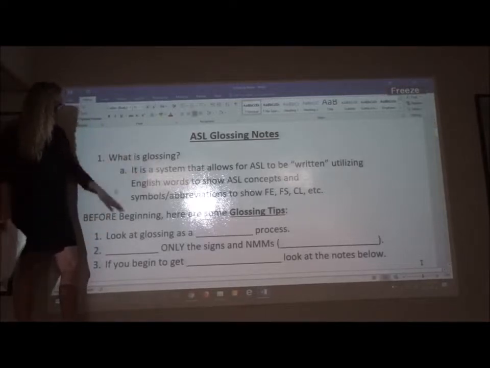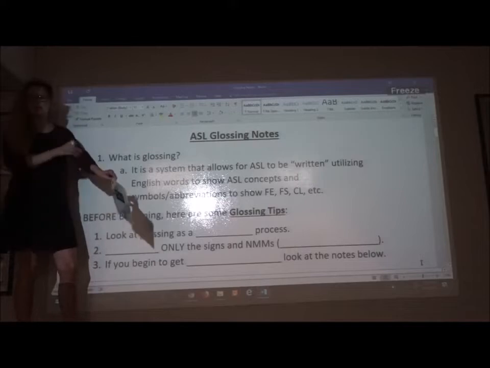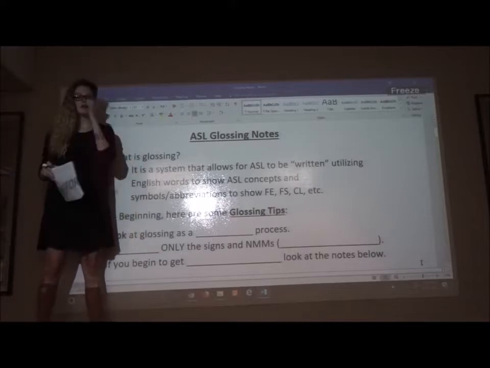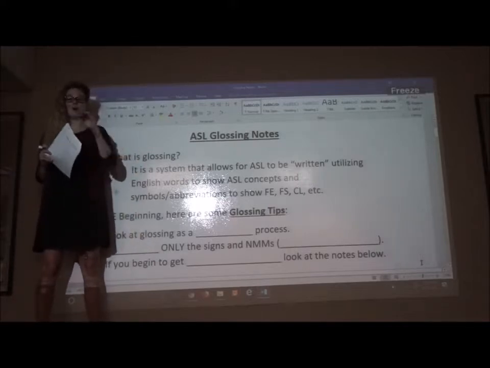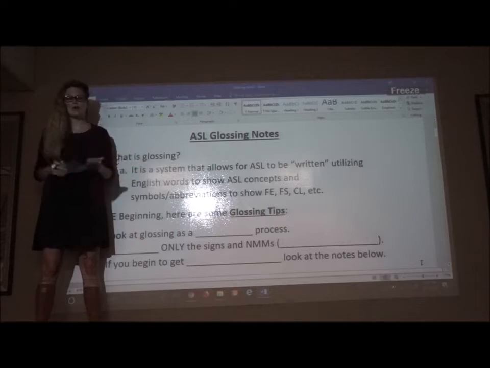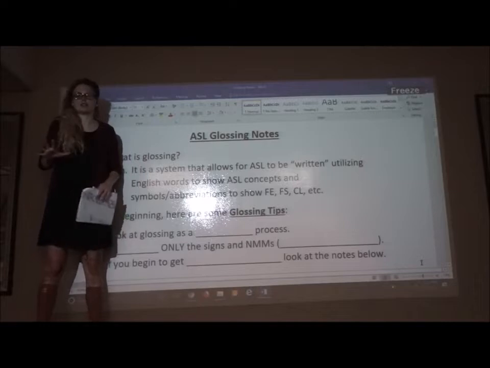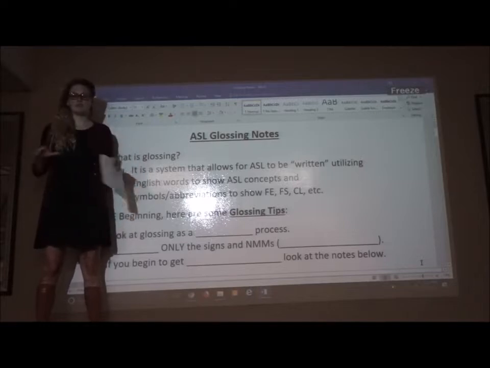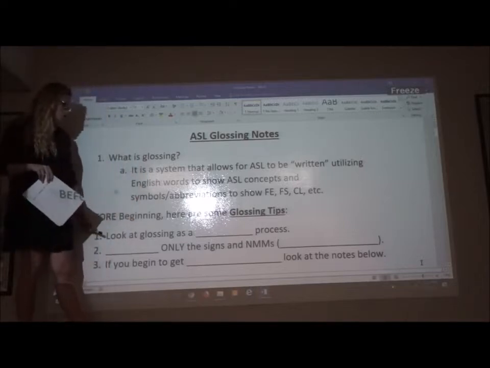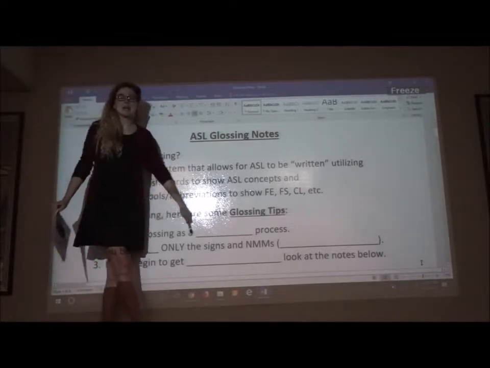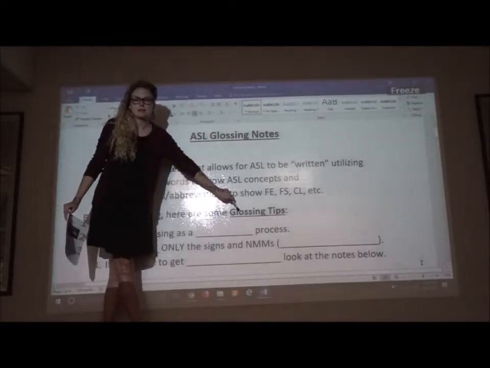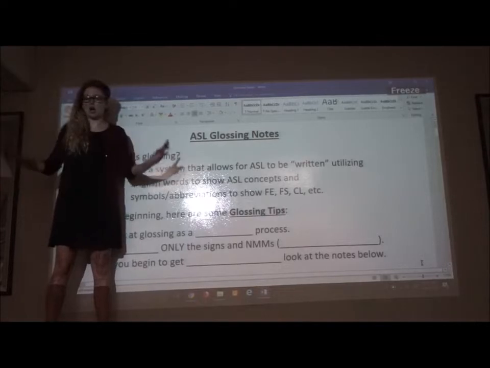Then, before beginning, here are some glossing tips. Students can get overwhelmed extremely easily when they start thinking of ASL as a different sentence structure altogether. So what I want you to do is look at glossing as a labeling process. Labeling, that's all we're doing.